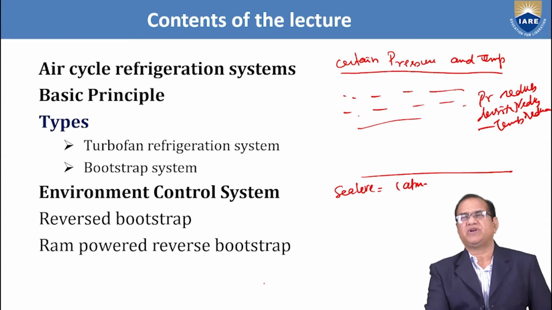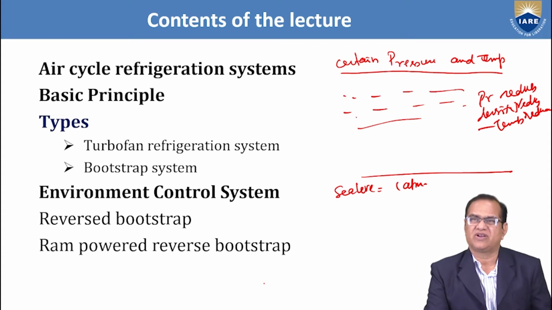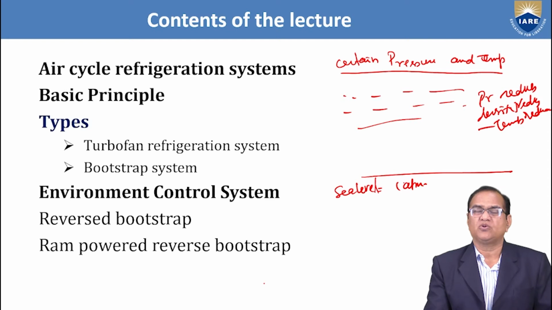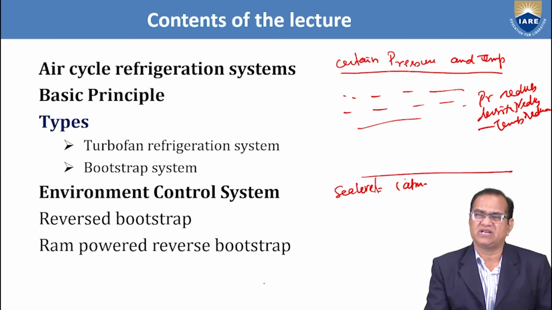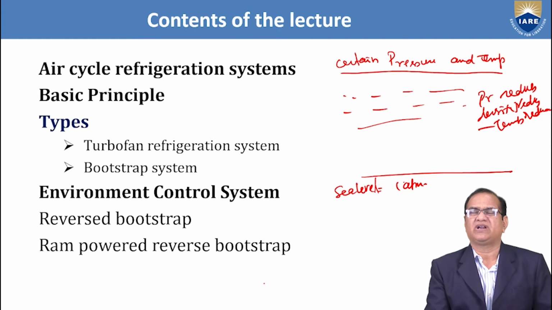Also, avionics equipment is operated for a certain range of pressure, in which it performs best. So we need a controlled temperature inside the cabin or fuselage, and the required temperature has to be maintained for comfort.